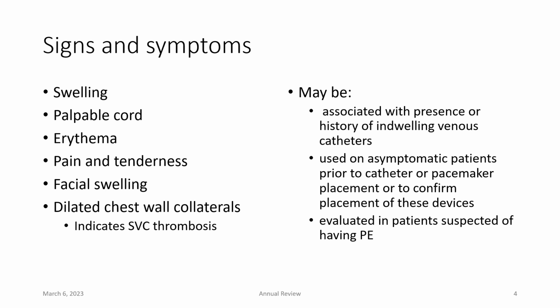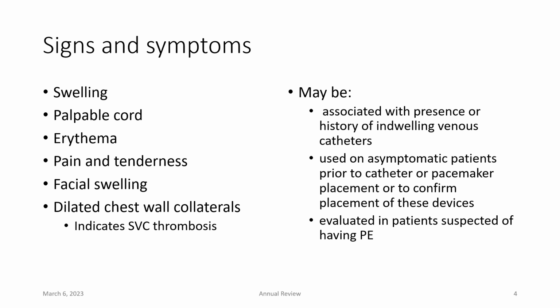Now, because of the location, facial swelling can occur, especially if the clot is affecting the veins that either drain the head or that receive blood from the venous system coming from the head and face. If those get backed up, it can back up that swelling into the face. And we can also find dilated chest wall collaterals.